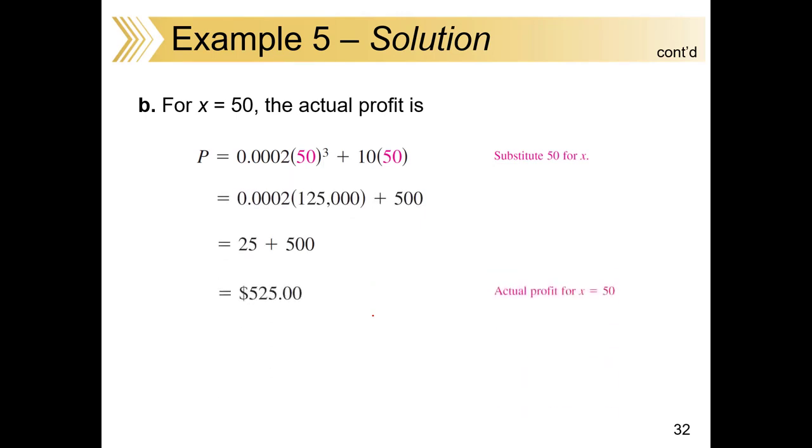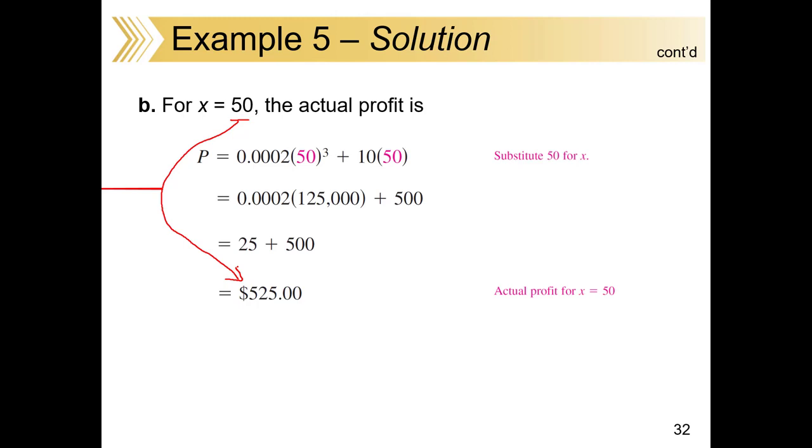The actual profit is $525 when you're selling 50 of those TV sets. Sell 50 of them, that's your profit. You have a good chance of going on a little trip this weekend from that profit.